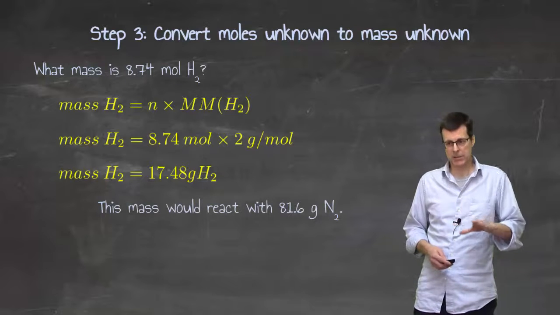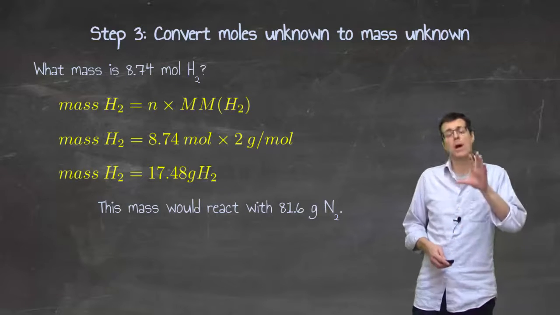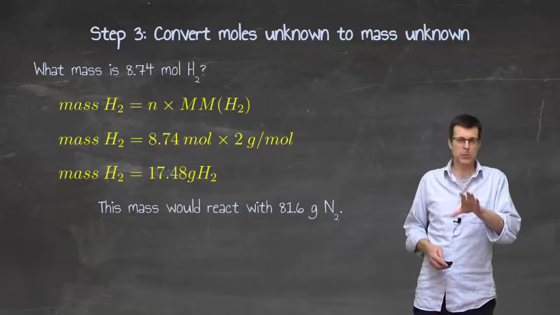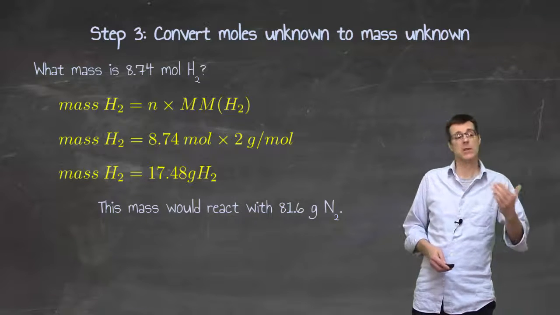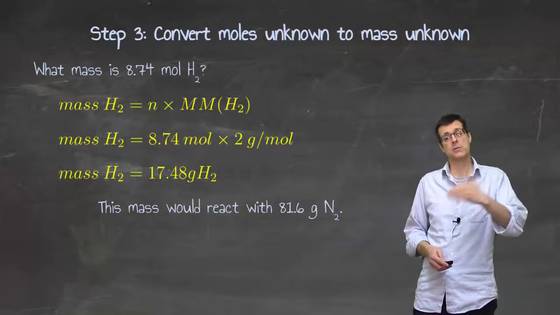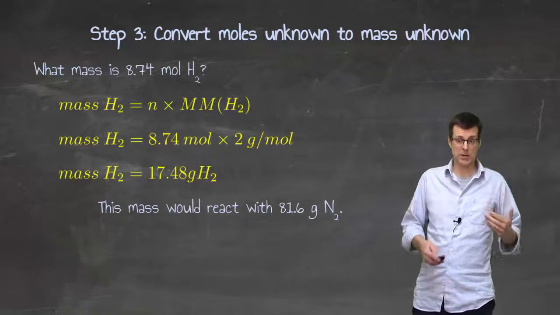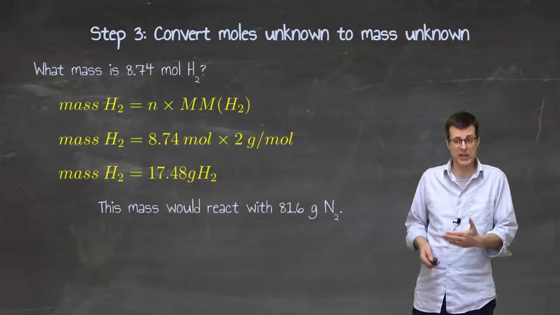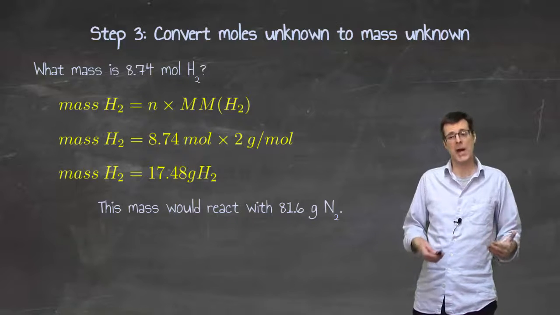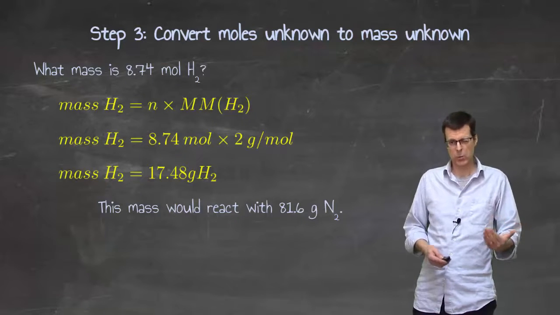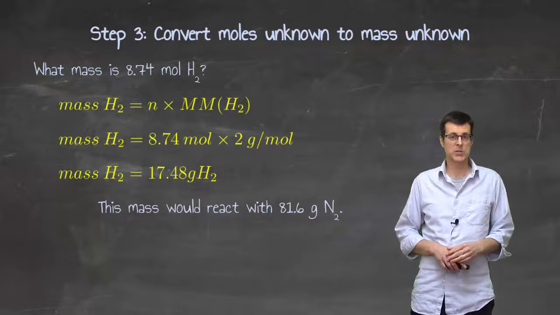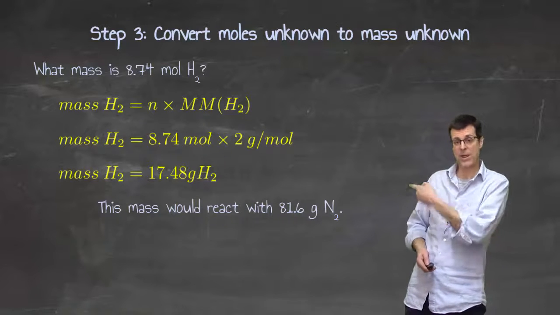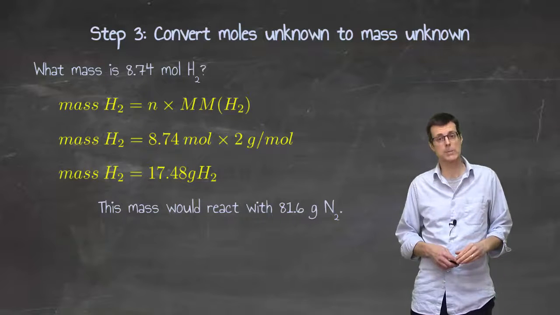At the end of it, I started out with 81.6 grams of nitrogen, and I turned that into moles of nitrogen, then into moles of hydrogen. Now I turned that back into mass of hydrogen. So now I have the answer to the question, what mass of hydrogen would I need to react with 81.6 grams of nitrogen? I would need 17.48 grams.